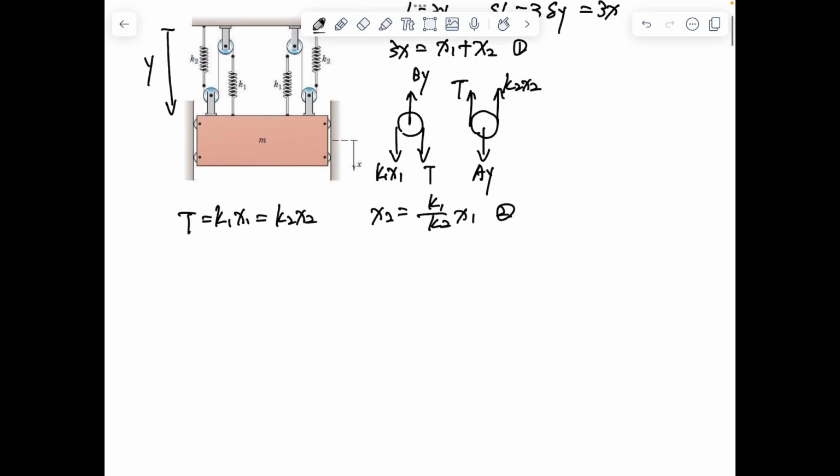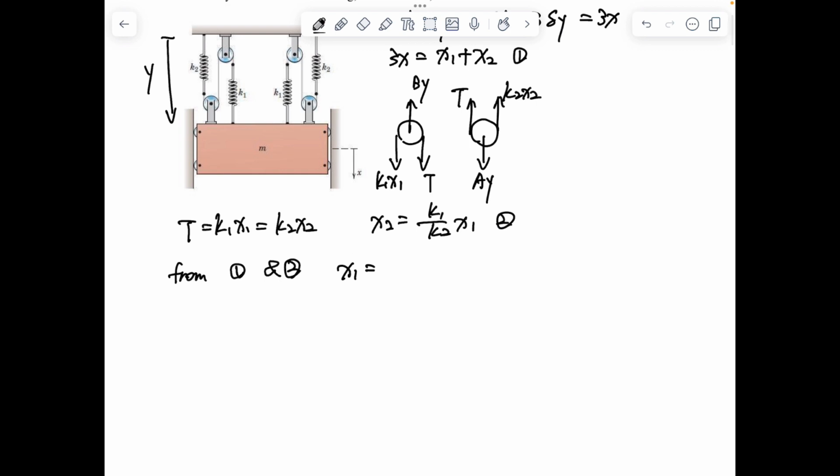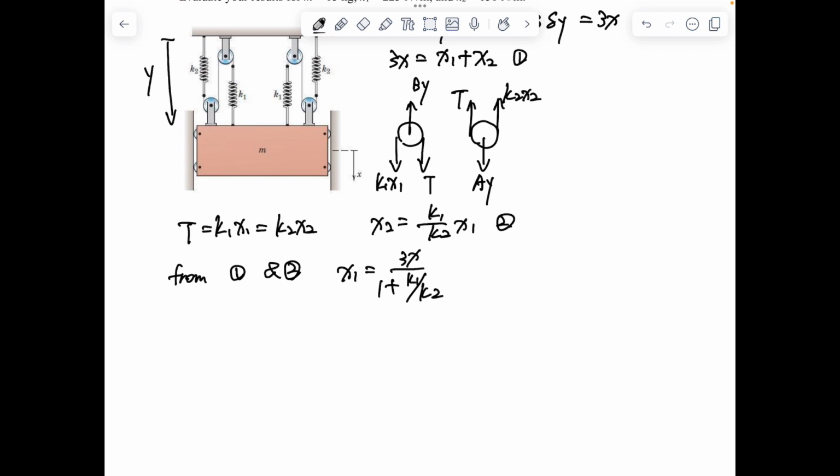Then from 1 and 2, we have x1 is equal to 3x over 1 plus k1 over k2.